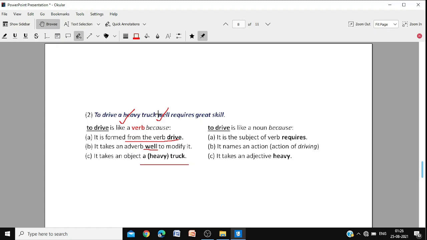So it can take an adverb. It's like a noun because it is the subject of the verb requires. To drive requires great skill. It names an action. It takes an adjective, heavy: to drive a truck and to drive a heavy truck. So it's like a noun as well as a verb, preceded by to. This is an infinitive.